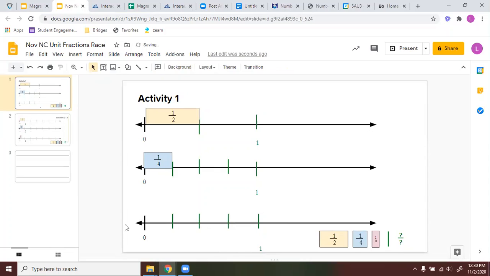All right, so now I have 4ths, and if I cut them again, I should end up with 8 equal pieces. There's 2. There's 4 pieces. There's 6 pieces. And there's 8 pieces.